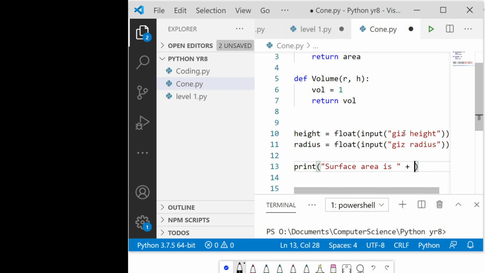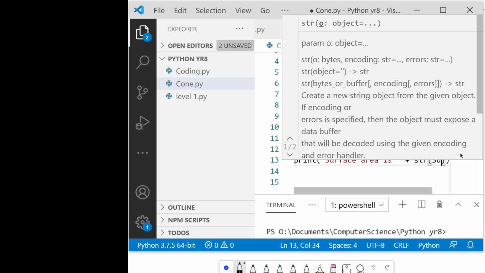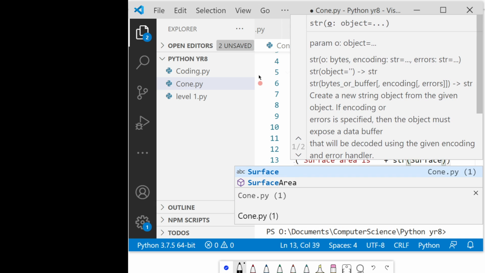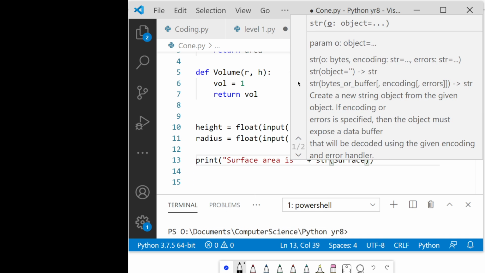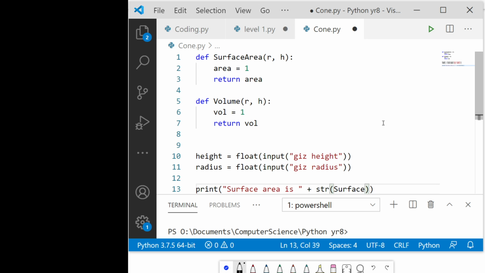I can say join together whatever the surface area is. So I'm going to say string. Hang on, let me get rid of this so I've got a bit more screen space. Right, so I haven't written the code for it yet, but I've got a routine.